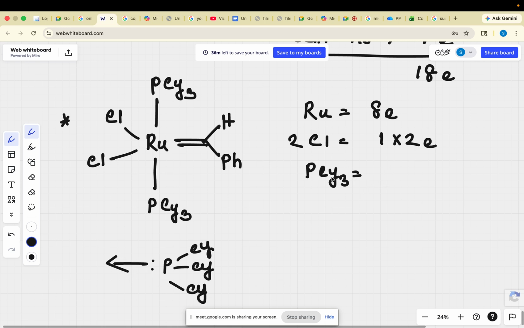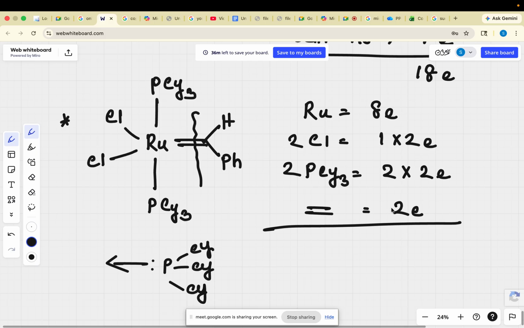PCy3 and PPh3 are the same. You have 2 PCy3, so 2 into 2 electrons. And from this double bond, if you consider the neutral method, it will donate 2 electrons. So 8, 2 is 10, 4 is 14, and 2 is 16 electrons. Okay, good.